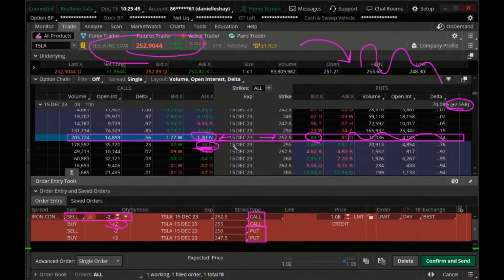The reason I would place the upper strike there is because that's where the range is. The range today is $2.55. Then I personally would make it equidistant, where I would buy some protection on the put side at 250. And so then I would have a $2.50 range to the put side.